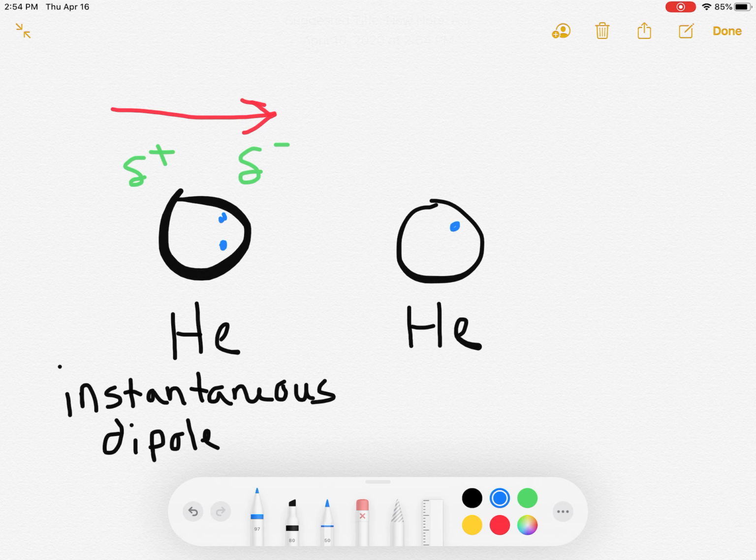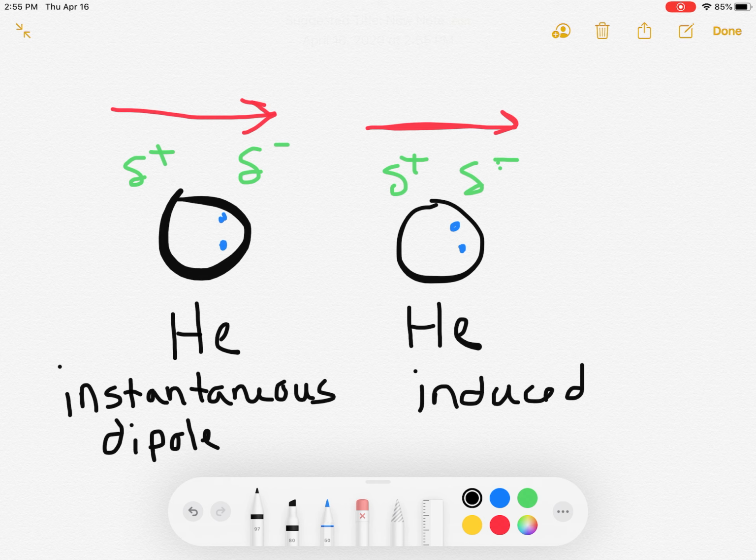So I'm going to write them over here. Okay, so the instantaneous dipole repels those electrons, and now we get a partial negative and a partial positive for this atom. Because we have a dipole now, this dipole is called an induced dipole.